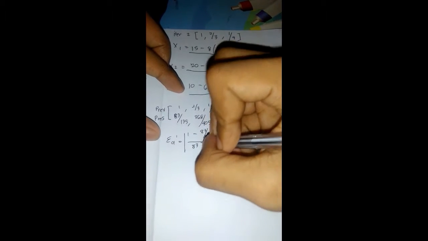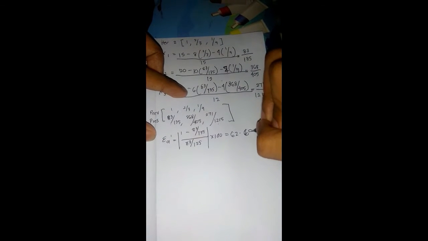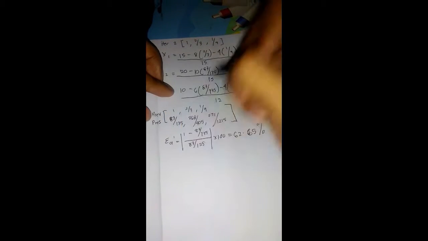For the error approximation, it is the true value minus the approximate value: 1 minus 83 over 135 over 83 over 135 multiplied by 100 is 62.65%.